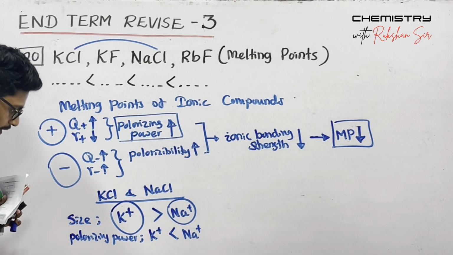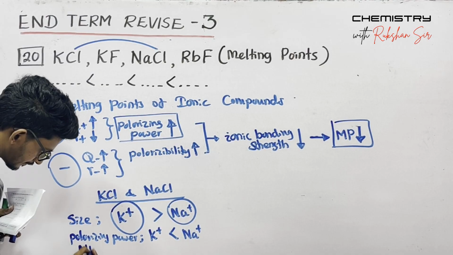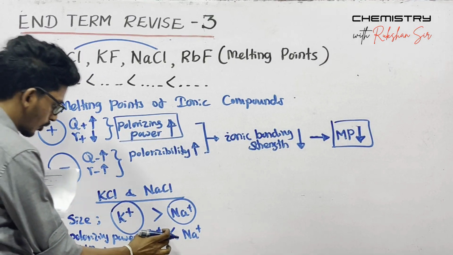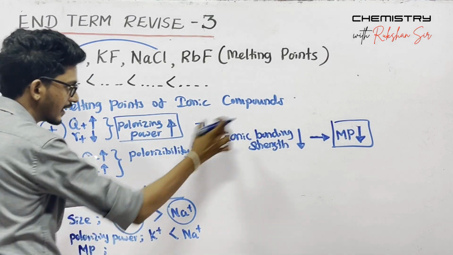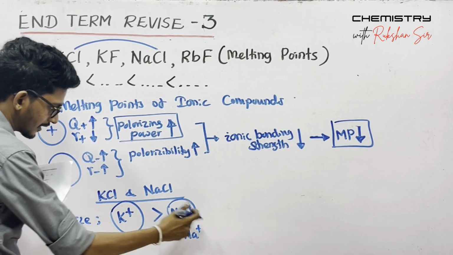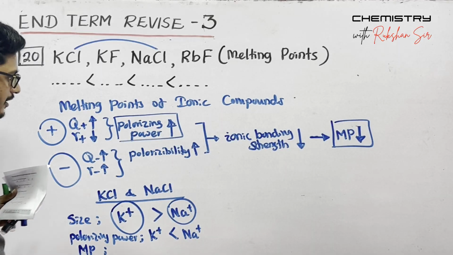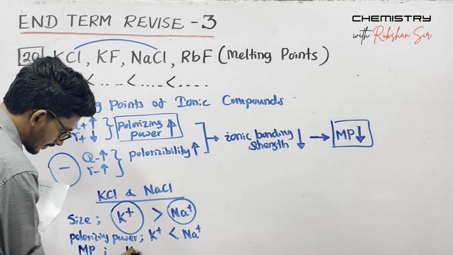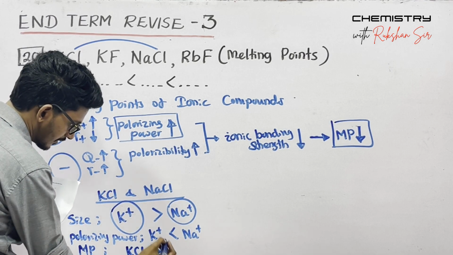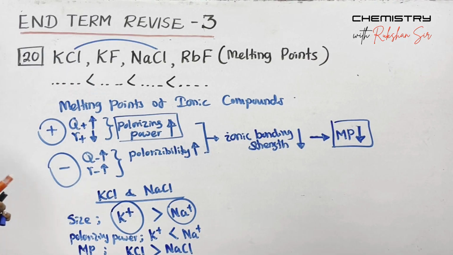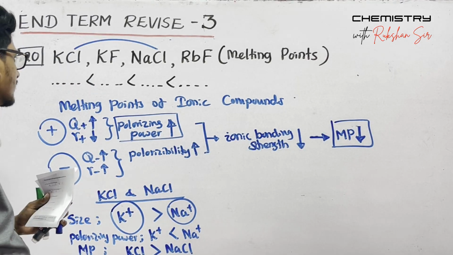The one with the smaller polarizing power has the greater melting point. The one with the greater polarizing power has the smaller melting point. So, the inverse, right? It is about KCl and NaCl.